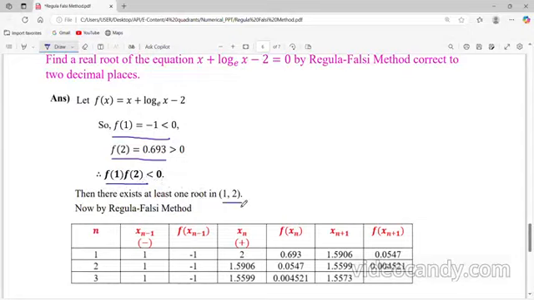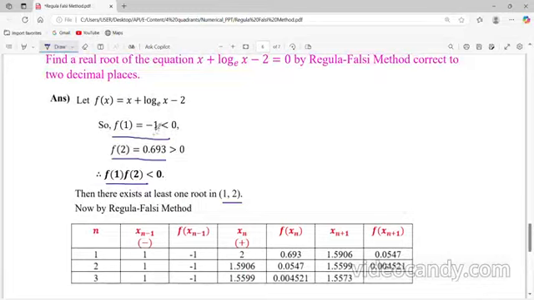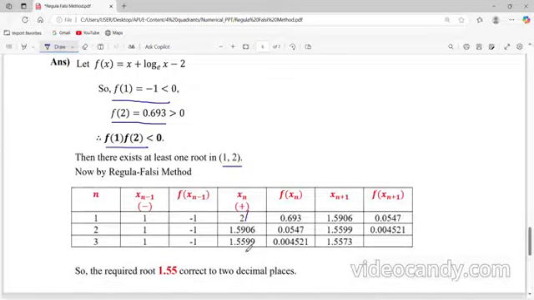In the same way, for 1 we are having a minus value, so here minus. For 2 we are having a positive value, so here plus sign. So this way you will find it. For 1 we have minus 1, for 2 we have 0.693. And this is the root part, that is 1.596606.